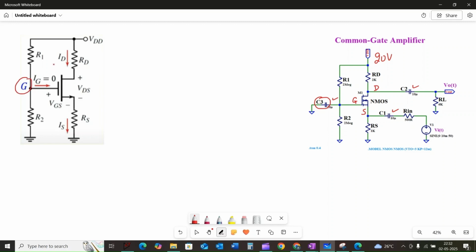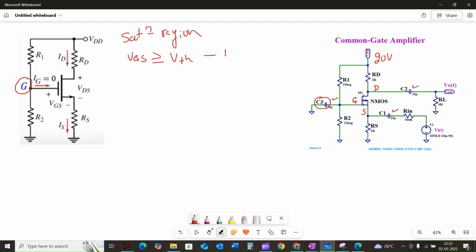Before proceeding, we will assume that the MOSFET is in the saturation region. To prove this, we require two conditions. The first condition is that VGS, the voltage between gate and source, is greater than or equal to the threshold voltage.